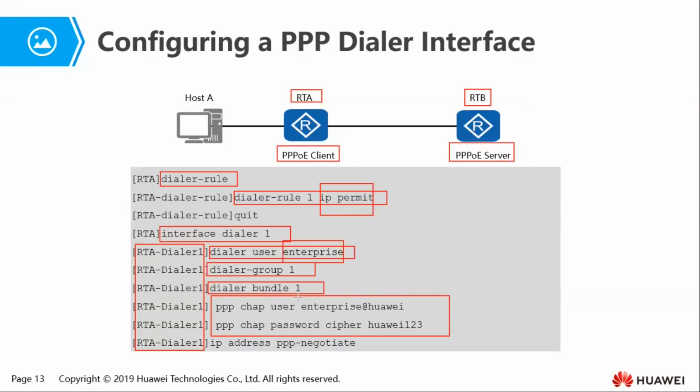Here we are simply creating the username and the password using those two commands. And finally, we configure the IP address so that it can be automatically negotiated for this dialer interface, using the command ip address ppp-negotiate.